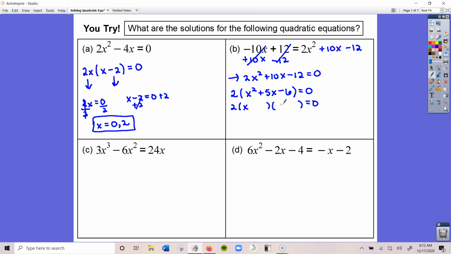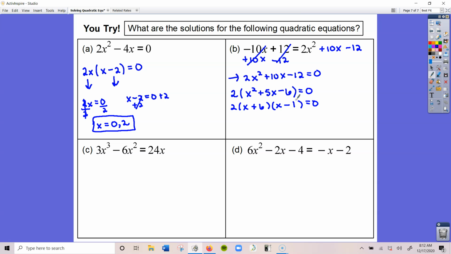So I put x, and the two numbers that multiply to give me a negative 6 and add to give me a positive 5 would be a positive 6 and a negative 1. 6 times negative 1 is negative 6, and 6 minus 1 is positive 5, so that works.